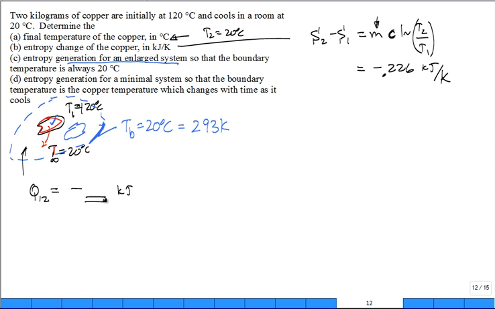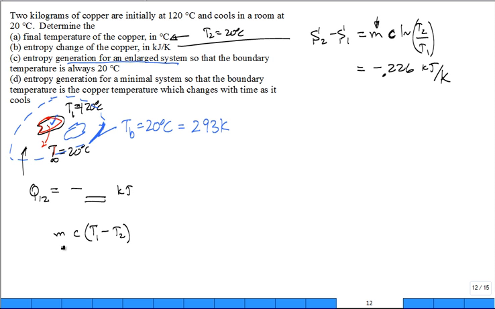How many kilojoules is it that were transferred across the boundary of that system? Well, that copper went from temperature 1 down to temperature 2. The specific heat of the copper, the mass of the copper, that's the change in internal energy of the copper. That's what was the heat transfer out.